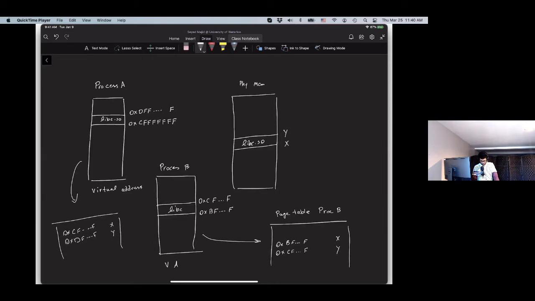So let's say you're the one who is coding for libc. Can you use any virtual address you want? Like, can you jump to any address that you want? Which is true, sort of, when you're writing your own program. You can have a jump, and that jump could go to any virtual address that you want, right? Well, the problem is you don't know who is running this code. Is it process B running it? Is it process A running it? Is it another process running it?